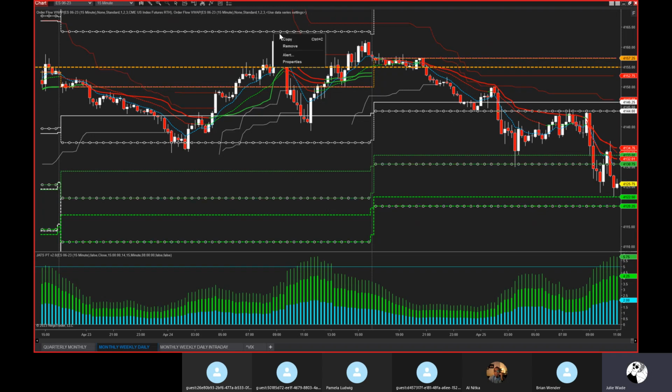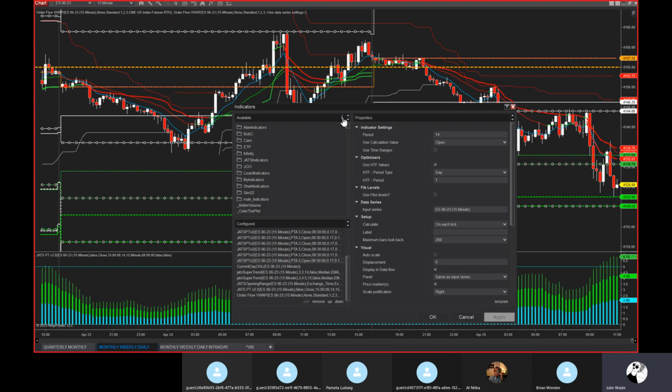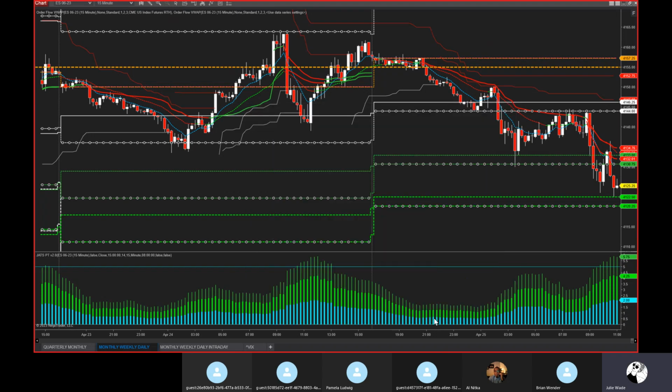Here was a nice tag off of the daily 1 open, as well as here, daily 1 open, daily 1 open. Daily 1 open gets a lot of touches.